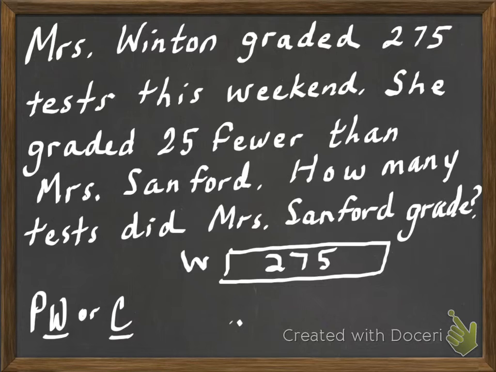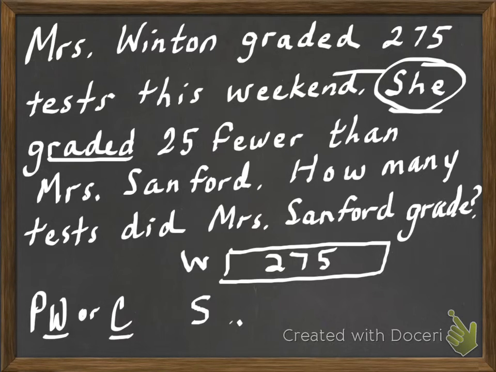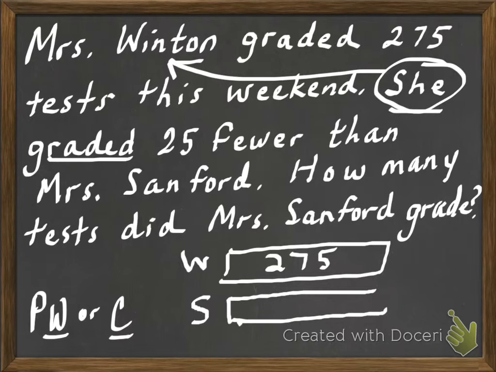Now Mrs. Sanford must have graded more because the problem said that she, meaning Mrs. Winton, graded 25 fewer, which tells me that Mrs. Sanford did 25 more than Mrs. Winton.